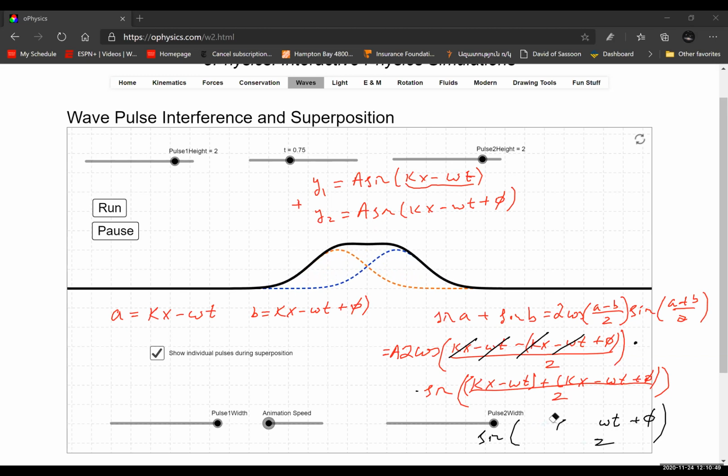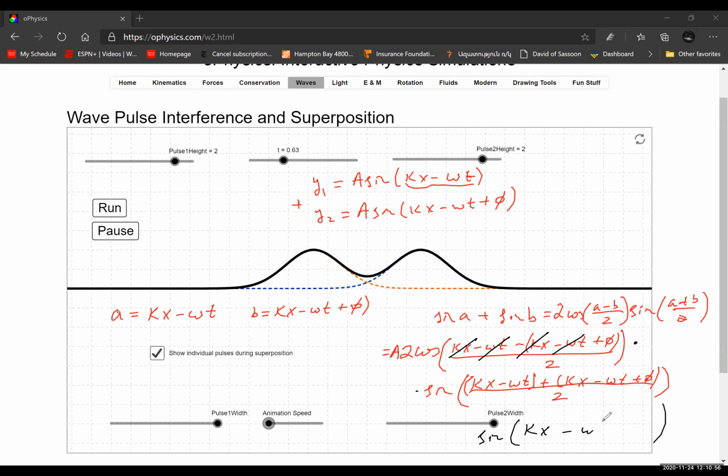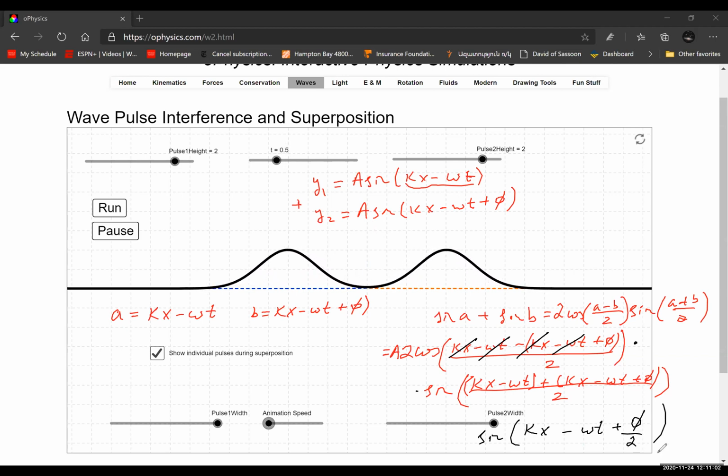That means over here, I basically end up with this. It's then kx minus omega t plus phi over 2, because this was the only term without the 2, so I have to divide that by 2. That means combine them together, something like this.